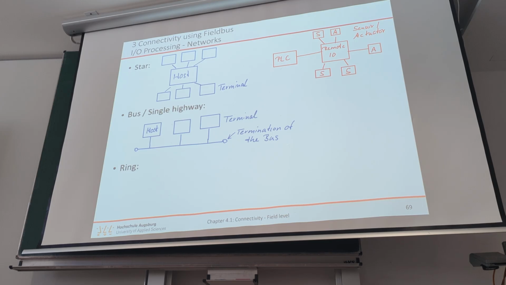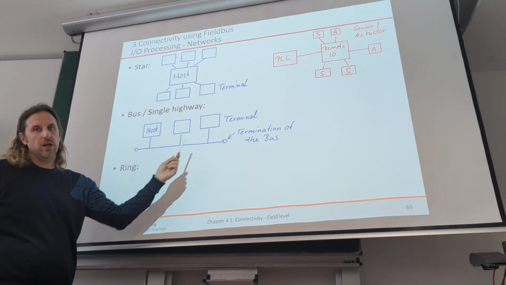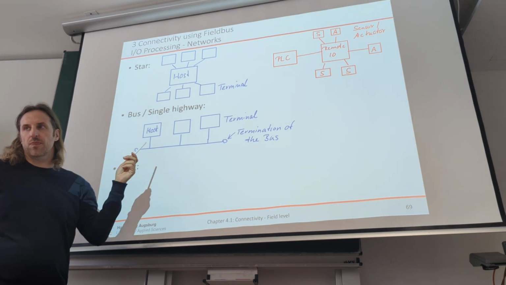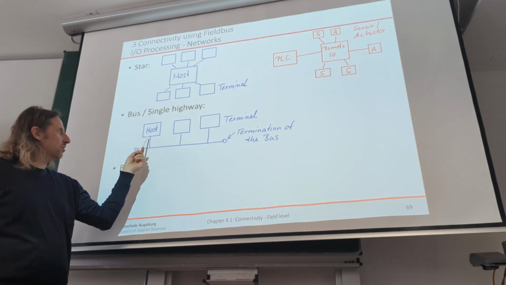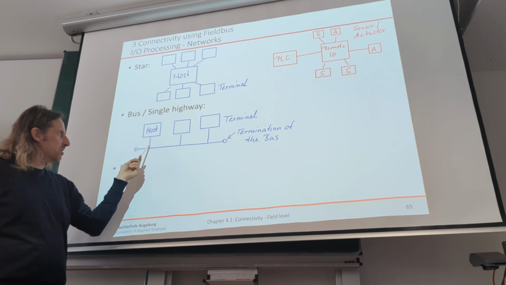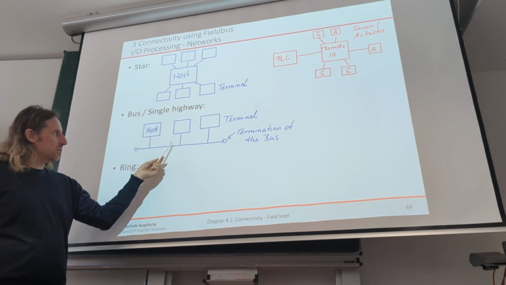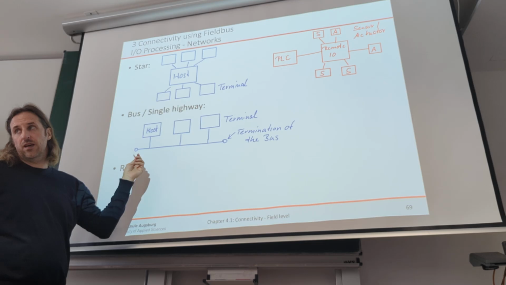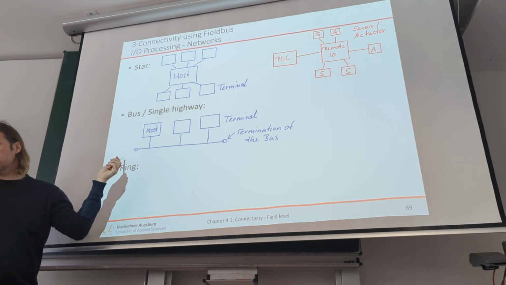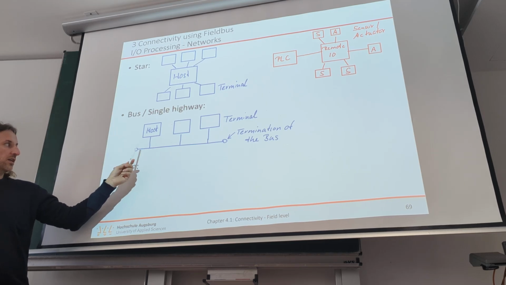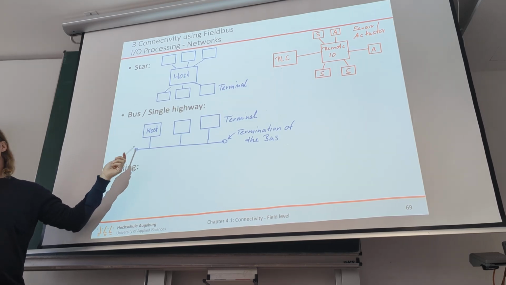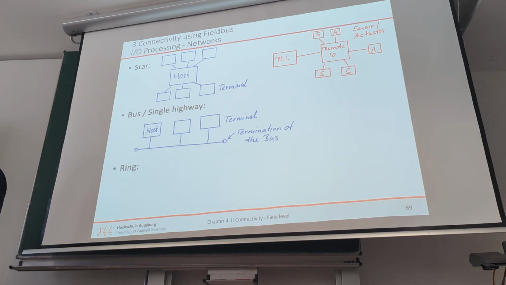And the termination of the bus, so everybody is talking over one single wire, and usually you need this termination because when someone speaks on the bus, the signals are traveling both ways and they are usually reflected at the end of the lines, because the line usually is an antenna in the end, and that's why you want to terminate the signal at the end.